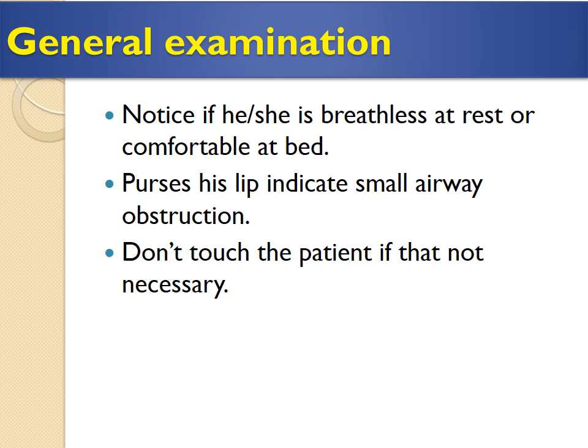Look at his lips. Are they pursed or not? Pursed lips indicate this patient has a small airway obstruction. And one of the golden rules in the exam: please don't touch the patient if that is not necessary. Don't touch the patient all the time. Only touch the patient if it is necessary.